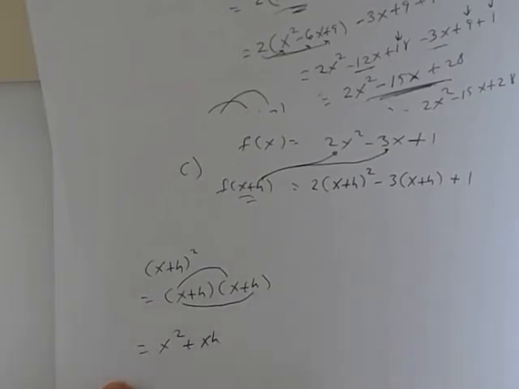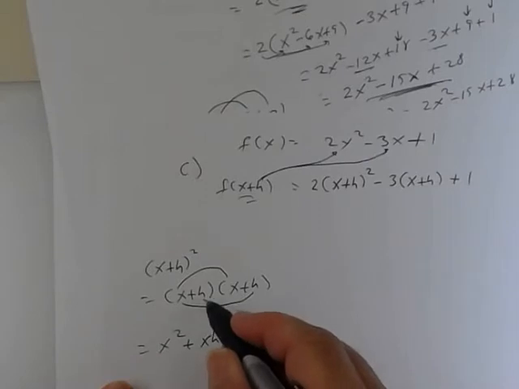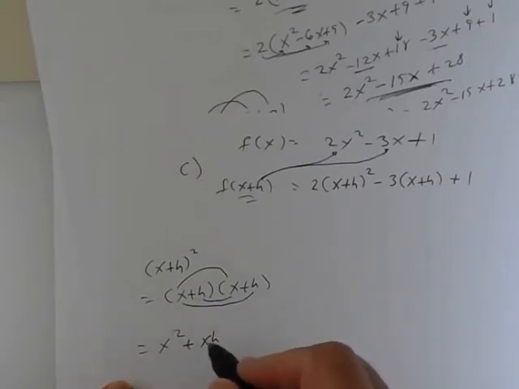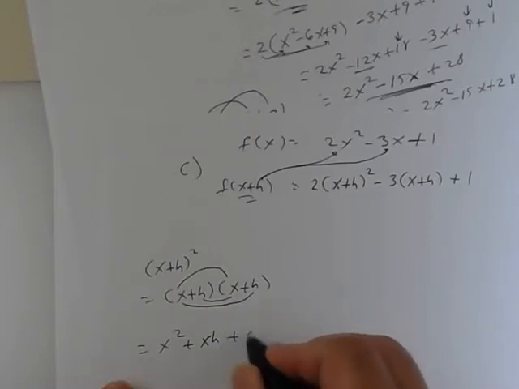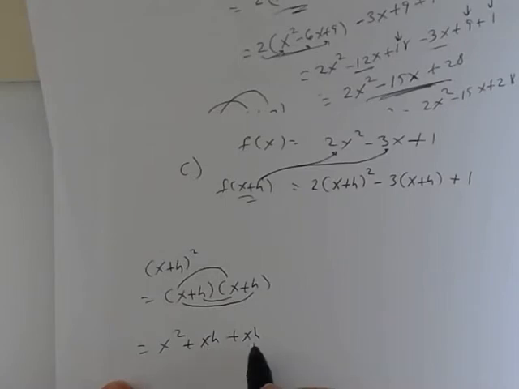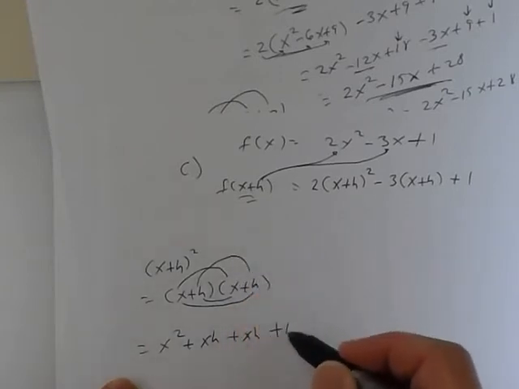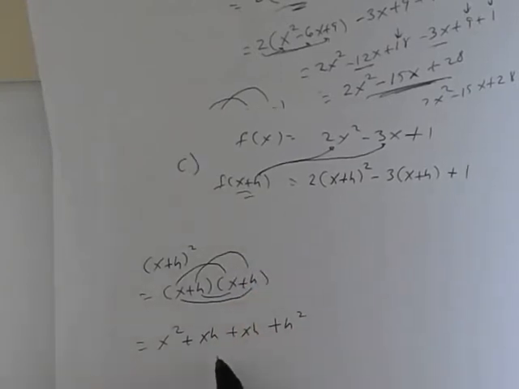That's all you can write it as. The inner, h times x, is the same as what? xh. So here's your outer and here's your inner. Y'all agree they're the same, right? We prefer you put it xh. Okay? And then h times h is what? Okay. Combine like terms, I get what?